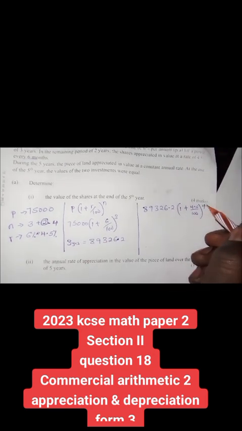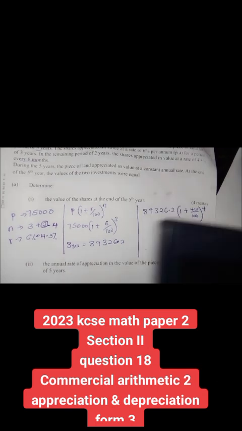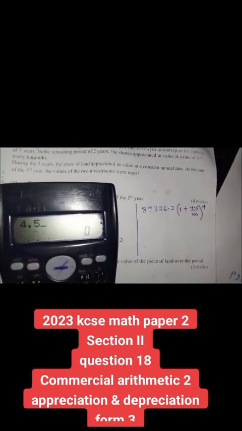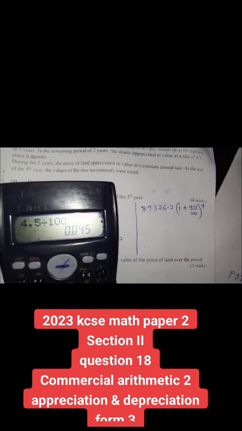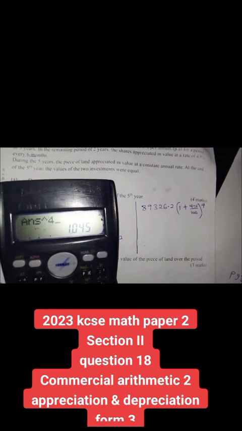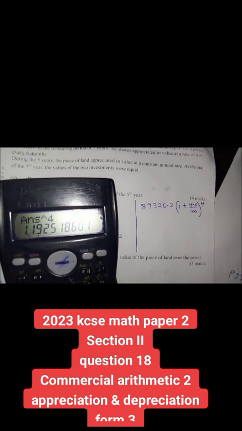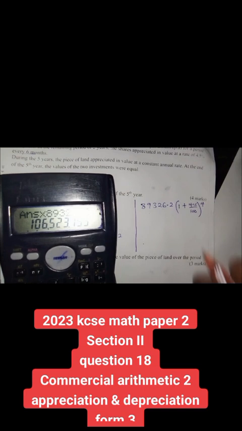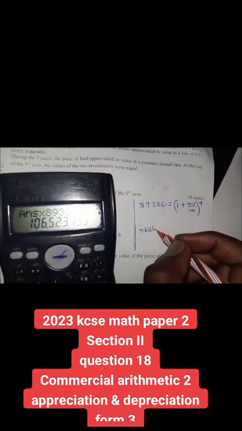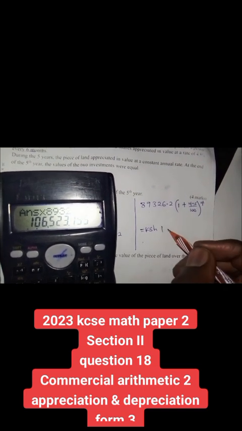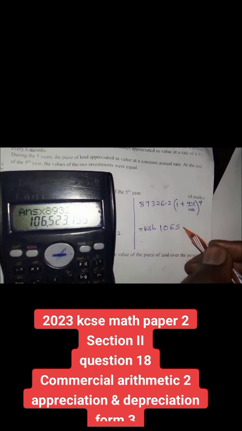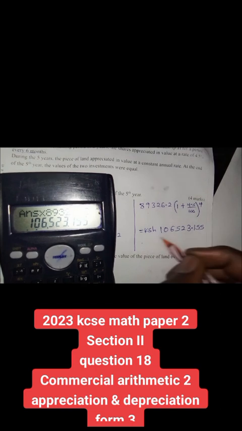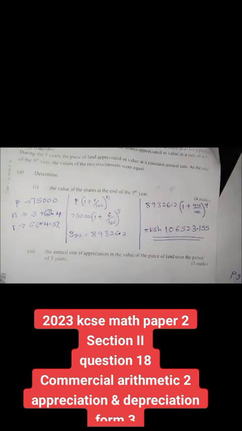So we have 4.5 divided by 100 plus 1, to the power 4, times 89,326.2. The value becomes 106,523.155. So that is the value at the end of the whole 5 years.